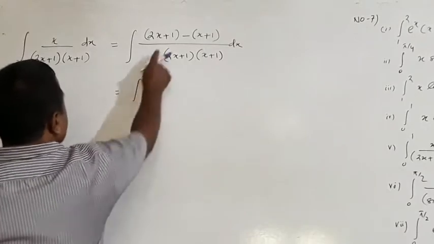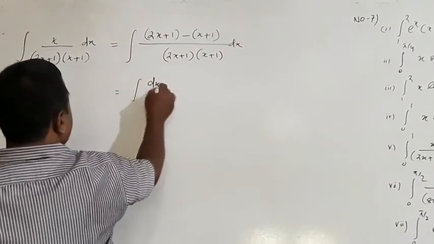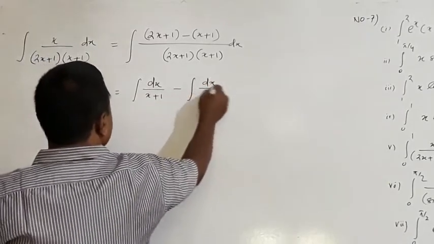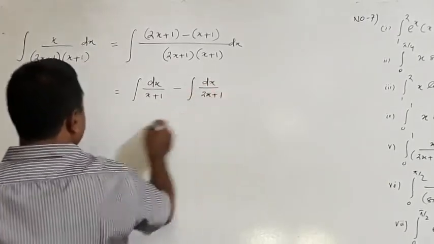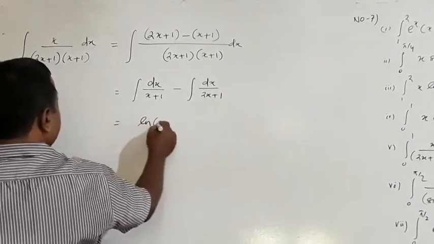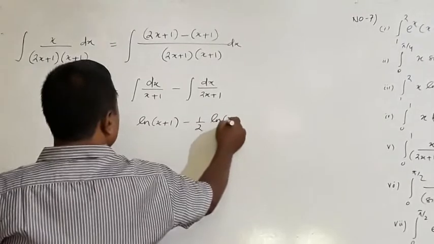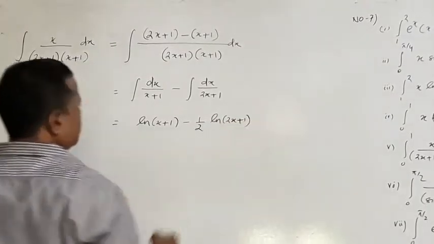It is integration. When we divide, it becomes dx by x plus 1 minus dx by 2x plus 1. Its integration is ln of x plus 1 minus 1 by 2 ln of 2x plus 1. Okay.